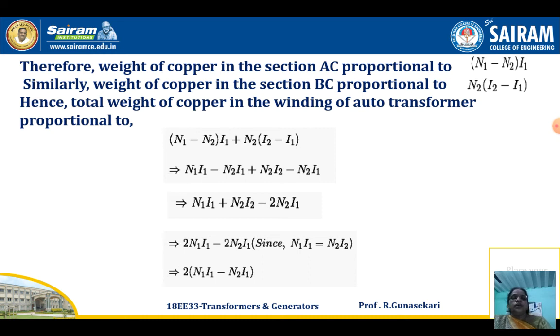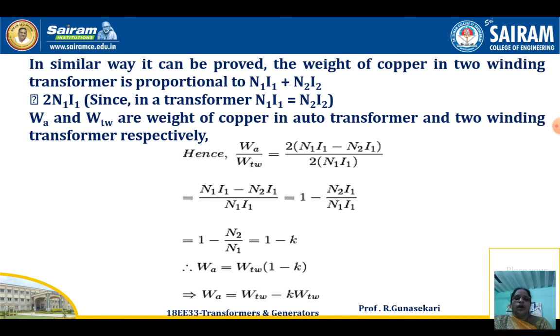Simplifying these equations, we finally get 2N1 I1 minus 2N2 I1. Multiplying all the terms, some cancel each other, and N1 I1 is equal to N2 I2, neglecting losses and no load current. That equation you can substitute, and finally we get 2N1 I1 minus 2N2 I1.